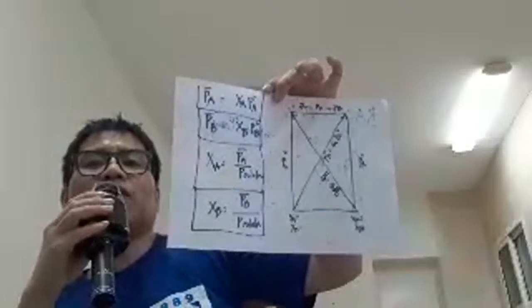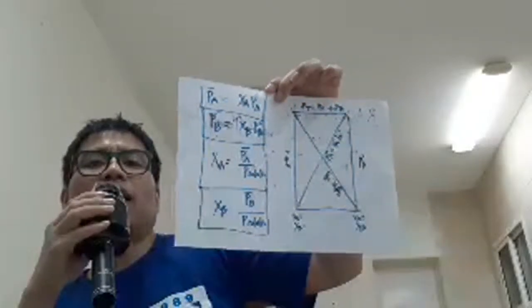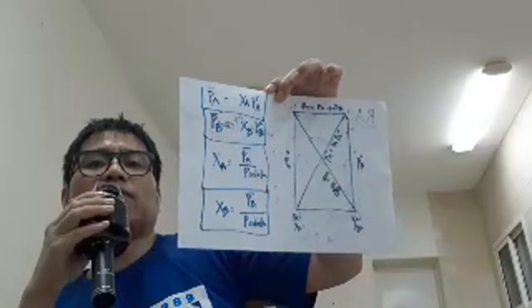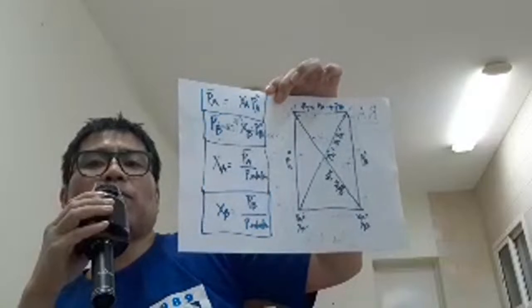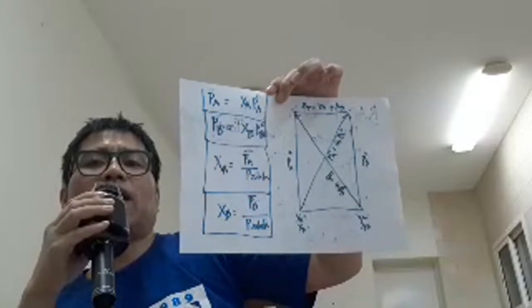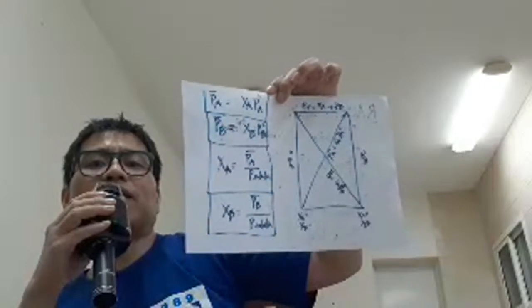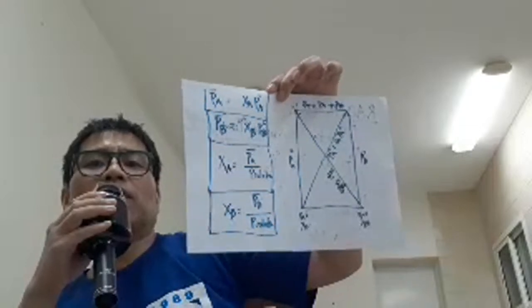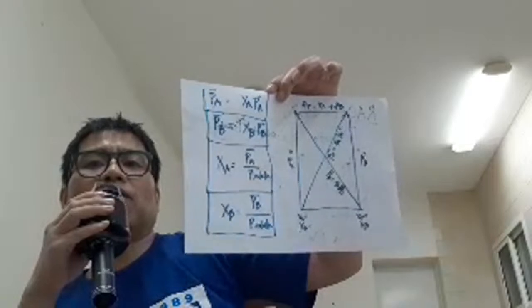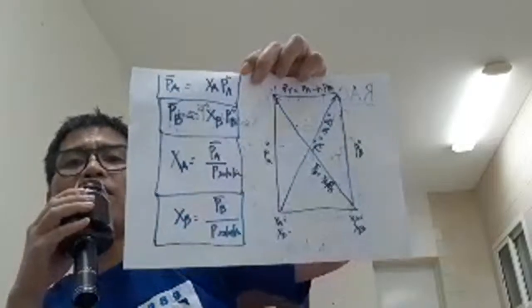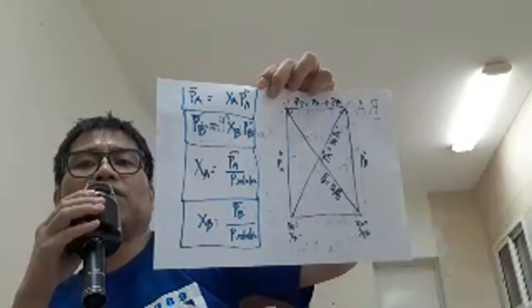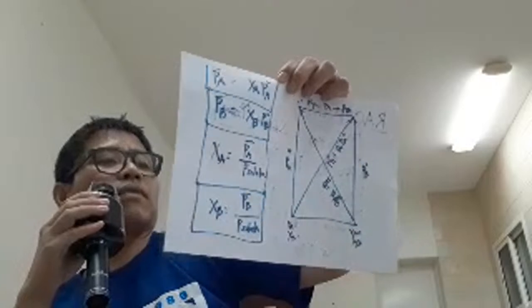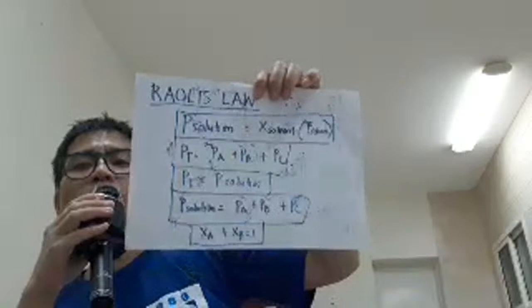So if you plot the values of XA and XB against the pressures and vapor pressures, then we can obtain a graphical representation like this, meaning to say there is a linear graphical representation. Okay, it's not a curve, it's linear. So that's it. And this is also the formula.